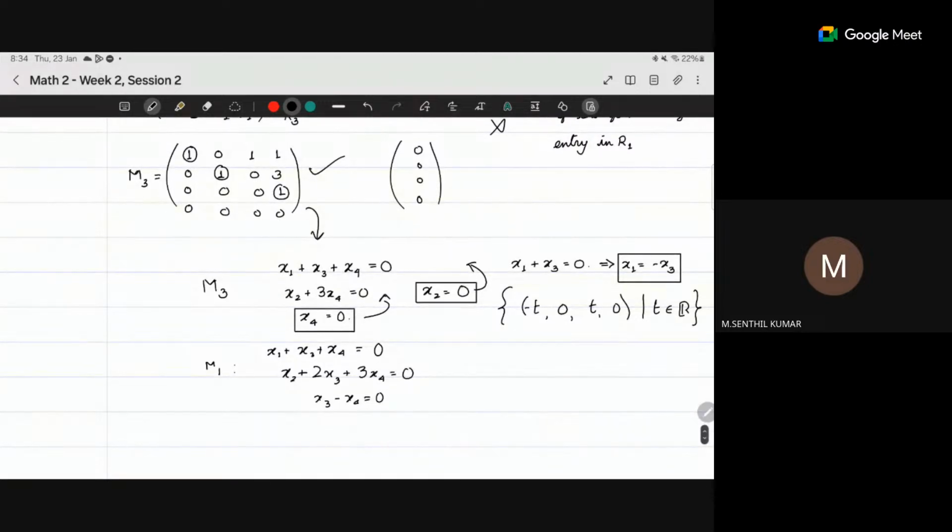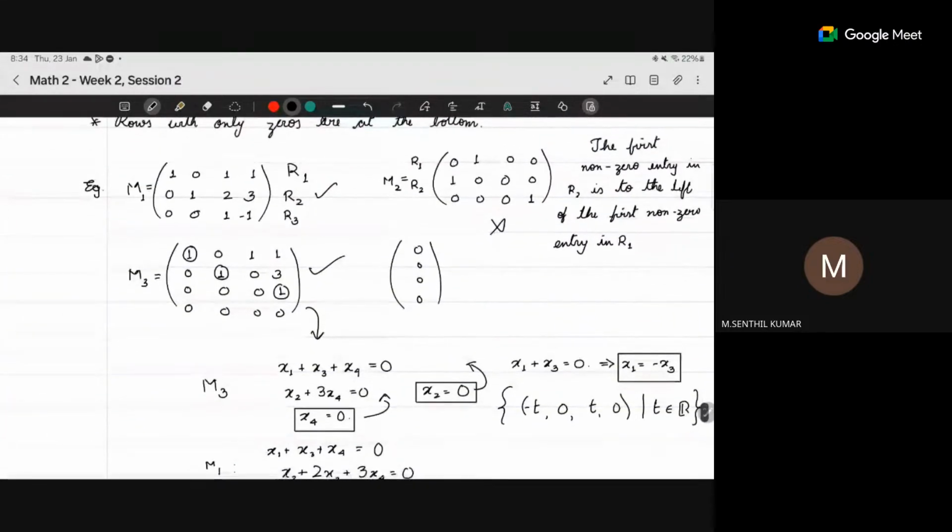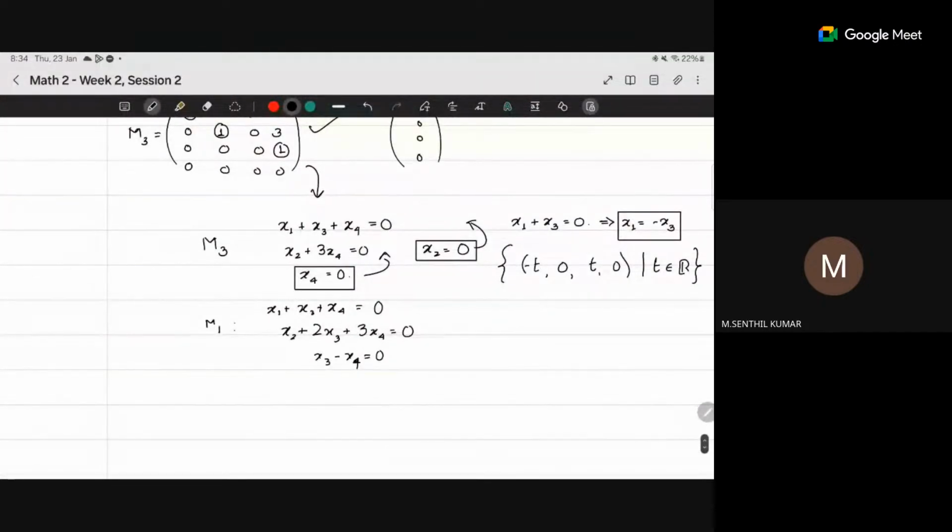So this is the system of equations for M1, which is also in echelon form, by the way. Now, the last equation here gives me x3 is equal to x4. The second one gives me x2 is equal to minus 2x3 minus 3x4. And the first one gives me x1 is equal to minus x3 minus x4.